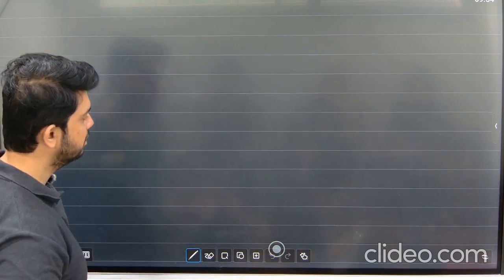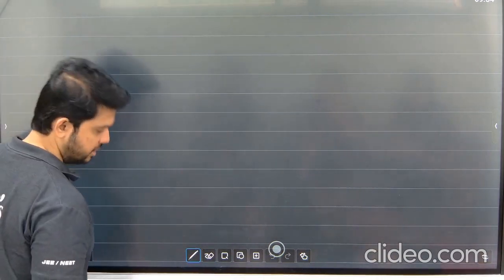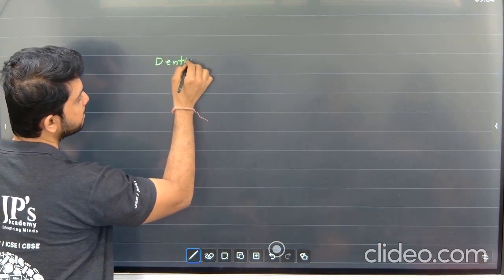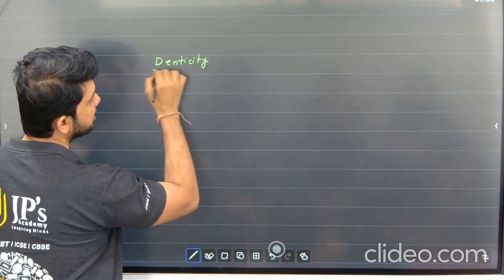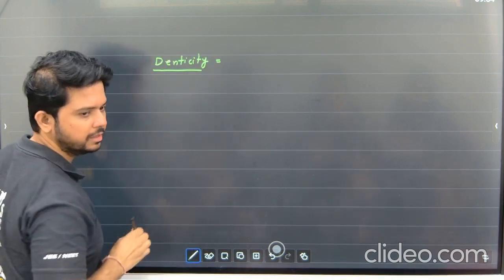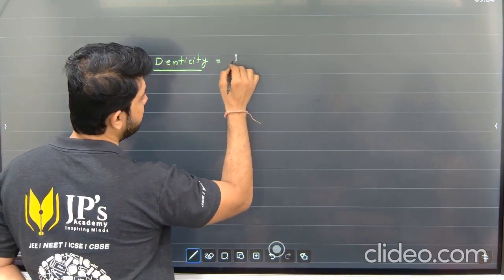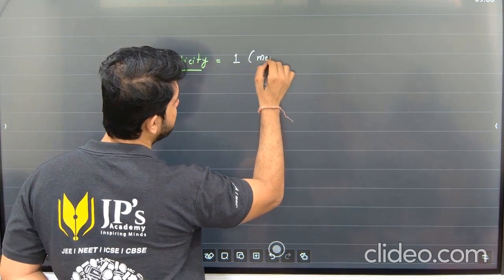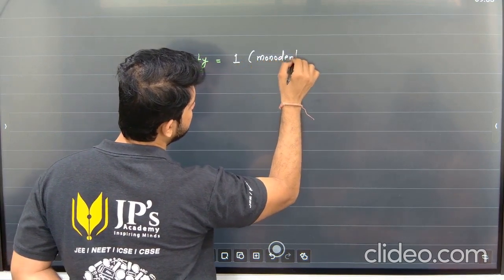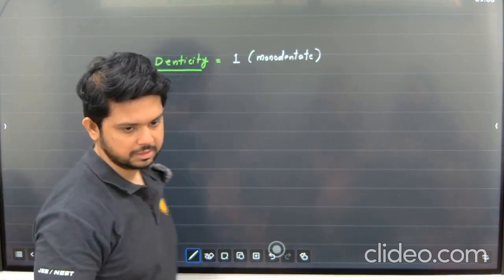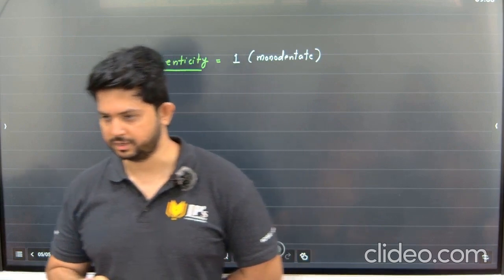So now, people, if a ligand can donate one lone pair, then we say that the denticity is 1, and such ligands are called monodentate.